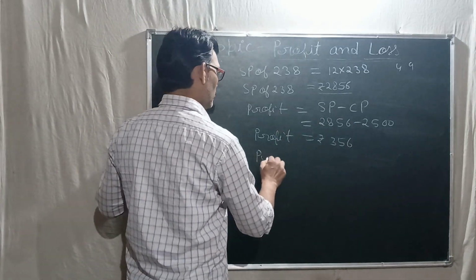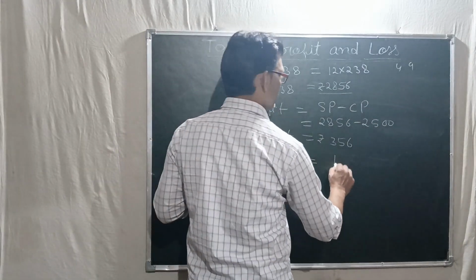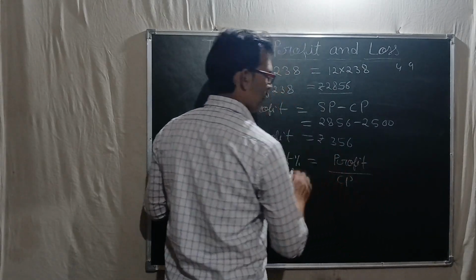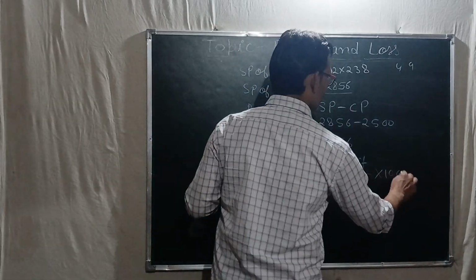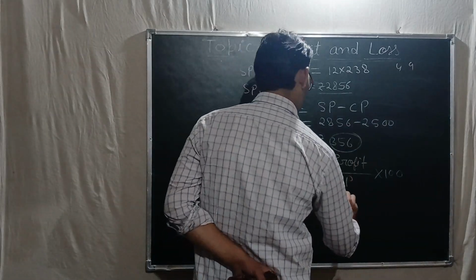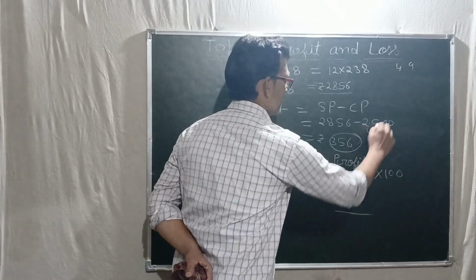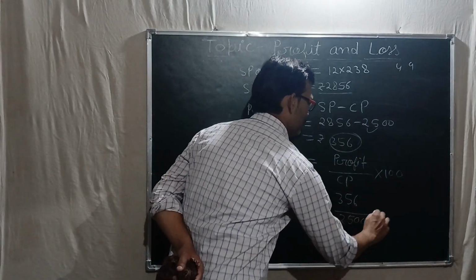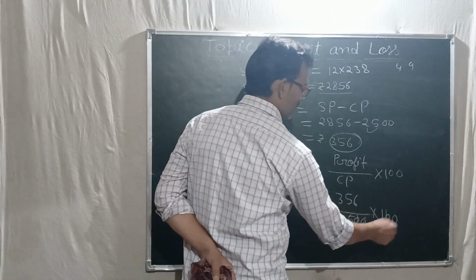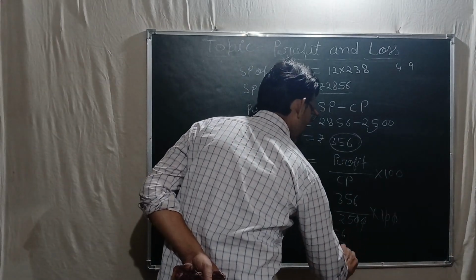Profit percent will be profit upon CP into 100. This is our formula for profit percent. Profit was 356 upon CP, which was 2500, into 100. Now we cancel these two zeros with the two zeros of 100, and we get 356 upon 25.